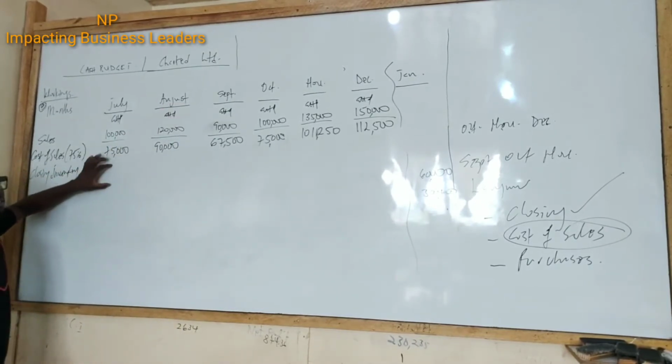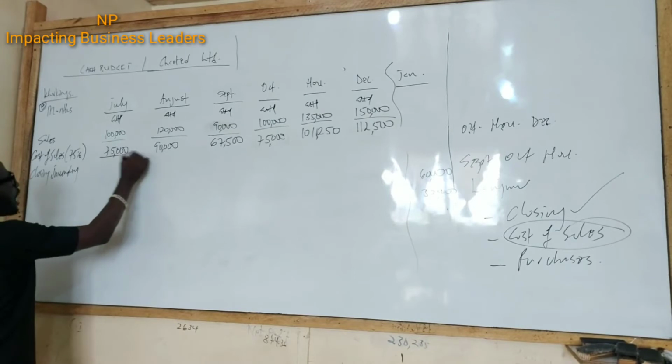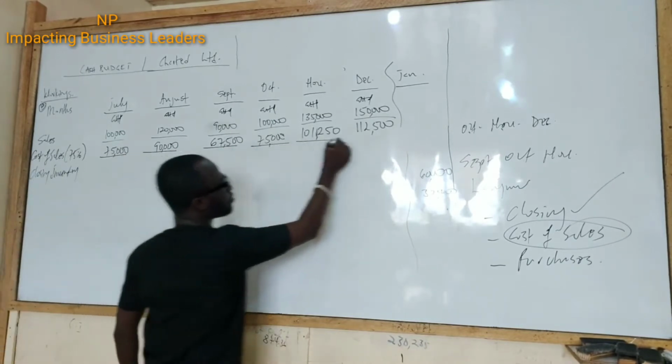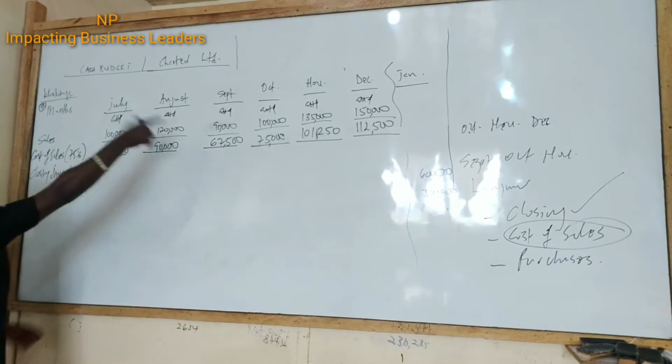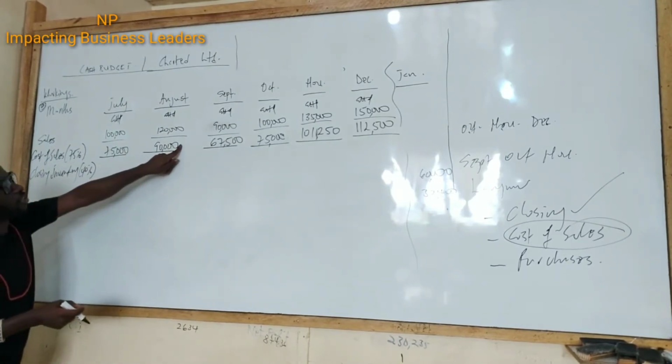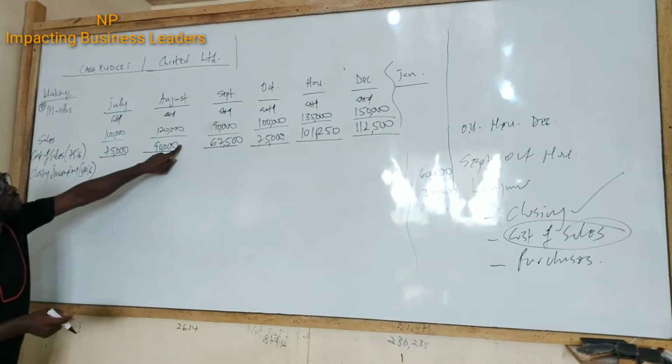August's cost of sales. So let's see how it goes. That's 40% of the next month. Let's go: 40% of 90,000. Make sure you follow the workings here because of the language.